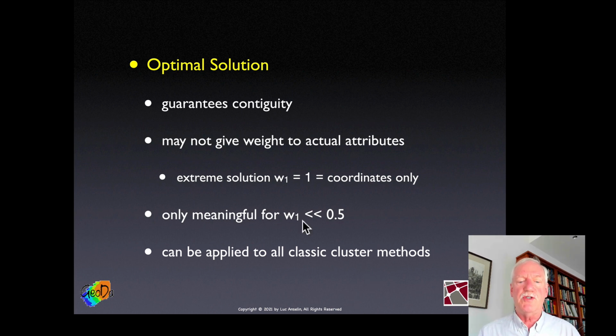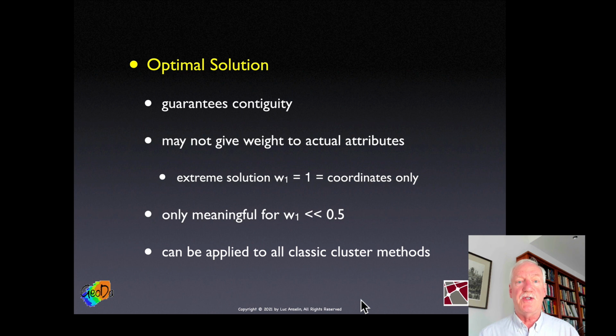Don't do this just mechanically. It's only really meaningful if you can establish a weight for the xy coordinates that is small enough so that it gives enough weight to the non-spatial coordinates, to the actual attributes.